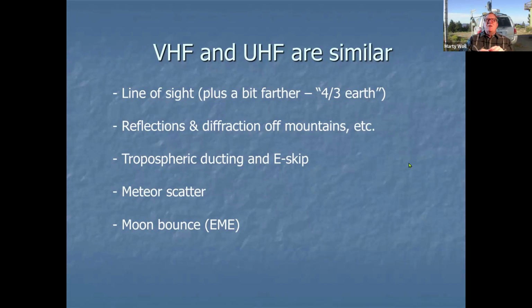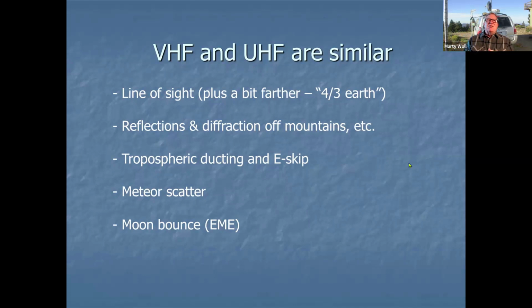So it's a little further than the visual line of sight. That's called 4/3 Earth. But line of sight, as predicted by topo map programs and Google Earth and things like that, will at least give you a pretty good picture of where a signal might land on VHF and UHF, what's in the way, and that sort of thing.